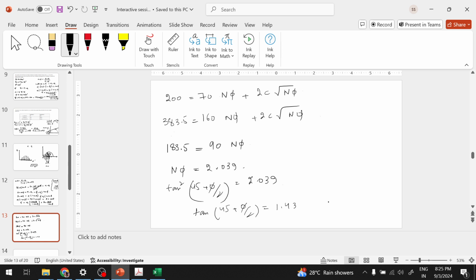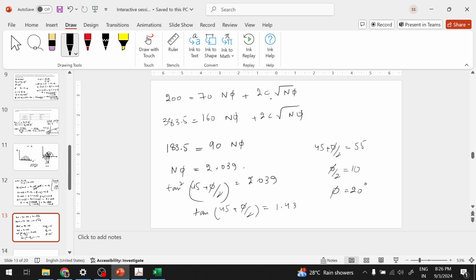So tan inverse 1.43 implies 45 plus phi by 2 equals 55. Phi by 2 is equivalent to 10, so phi is equivalent to 20 degrees.